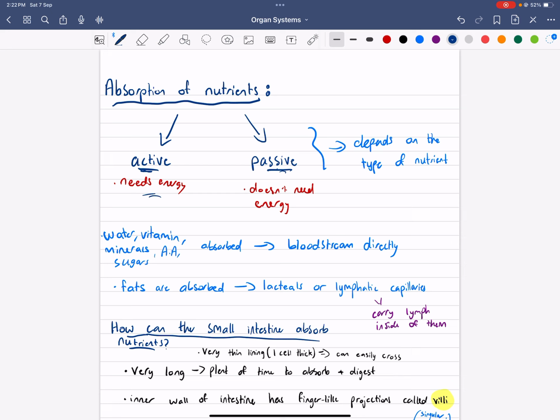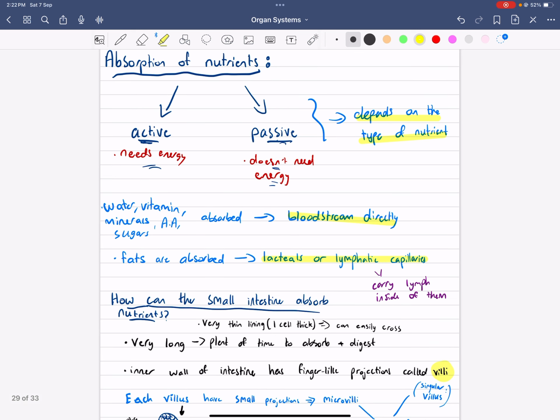Active, of course, requires energy. Passive does not require energy. Now this depends on the type of nutrient we're absorbing. Now, where are they absorbed into? There are 2 main forms. They can either be absorbed directly into the bloodstream or into lacteals, or lymphatic capillaries.